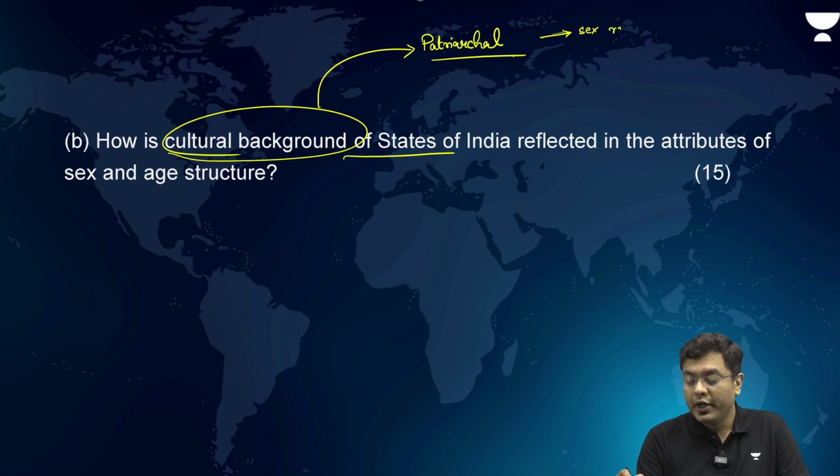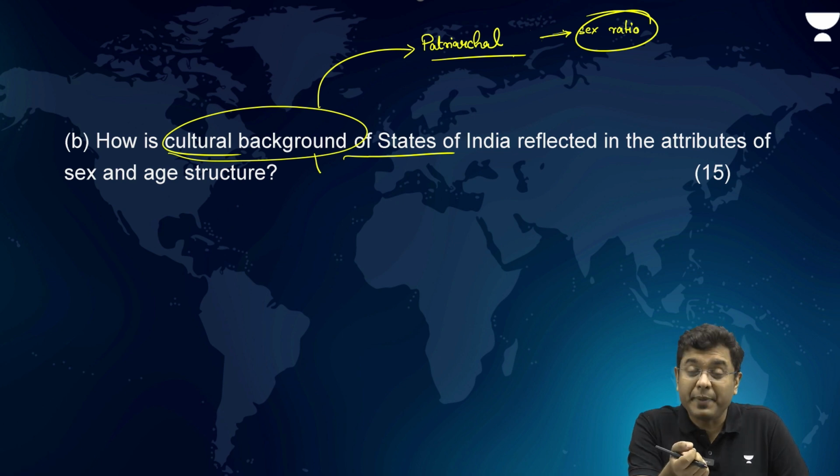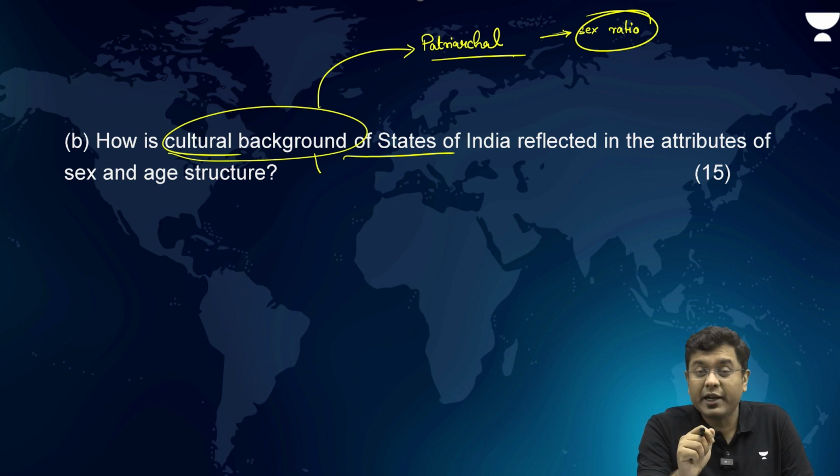Sex ratio is poor. Then you also have the factor that this cultural background, for example, whether there is women participation in the labor force or not, is directly attributed to whether the women are able to avail the medical facilities or not, whether they are aware or not.